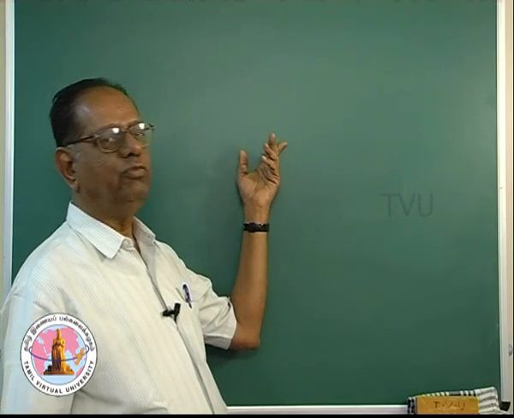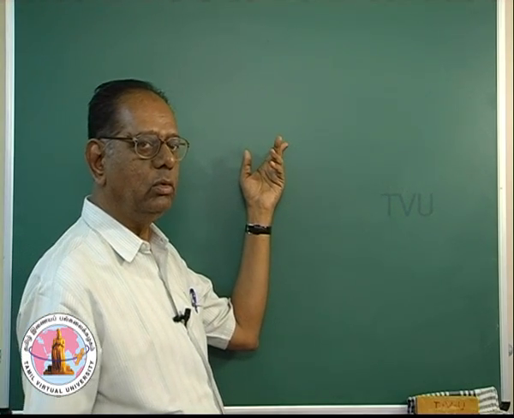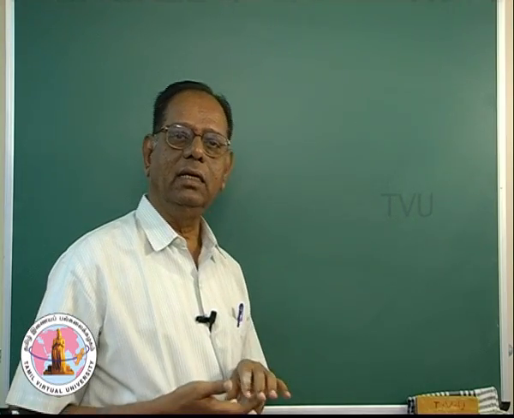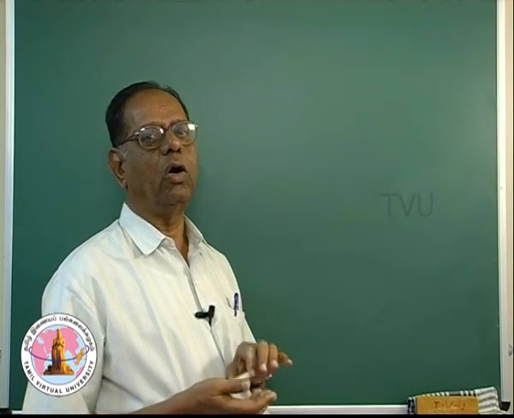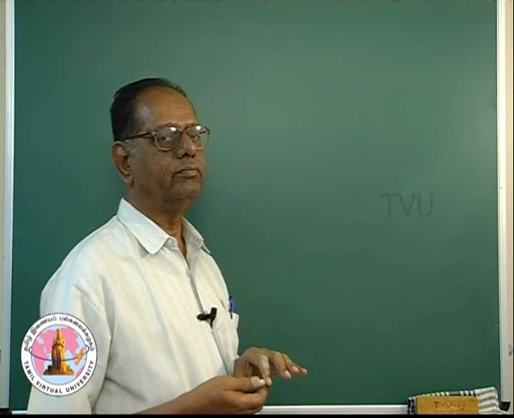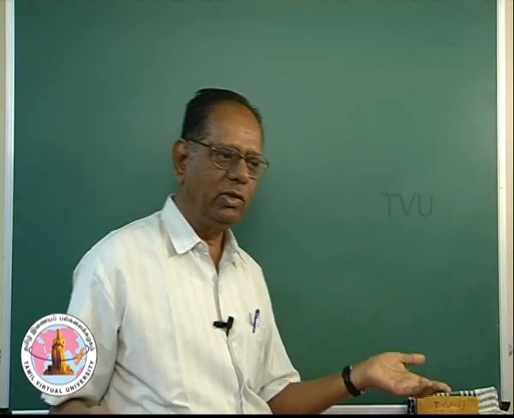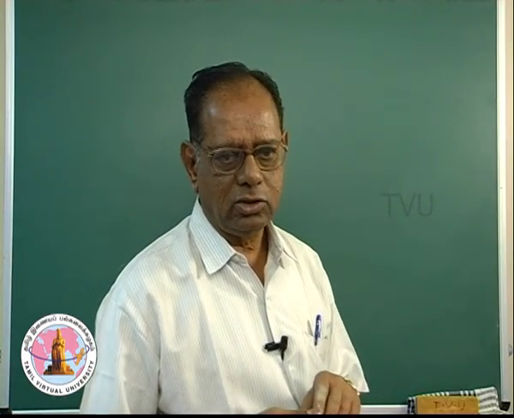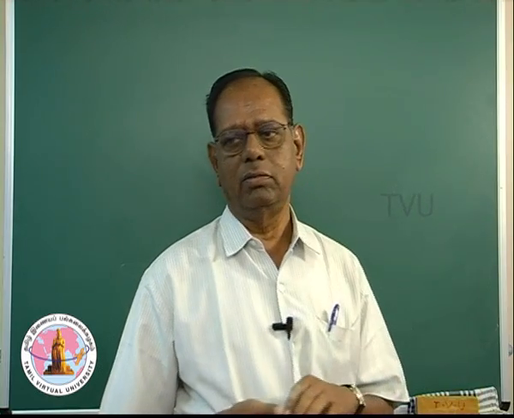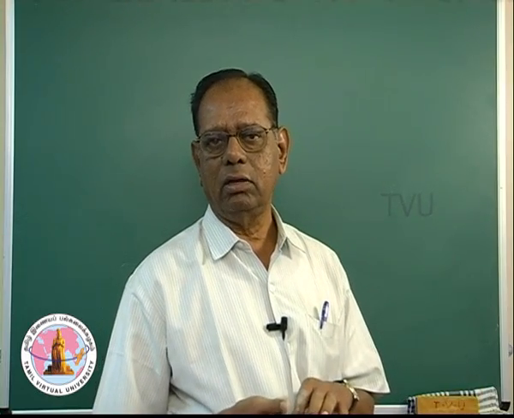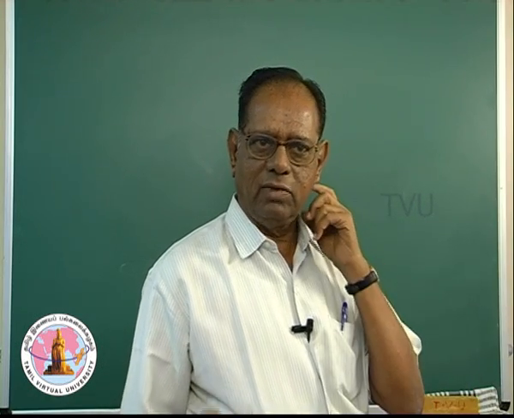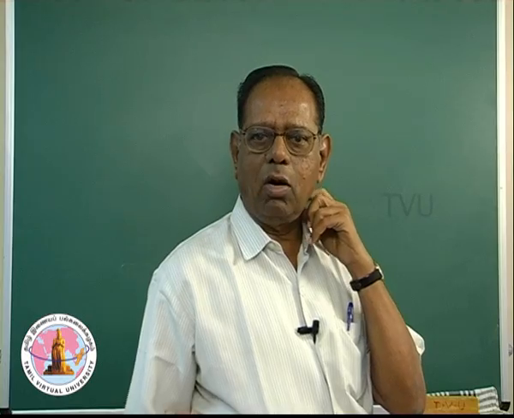The root of the verb will give you an idea whether it is a transitive verb or an intransitive one. What is the difference between the transitive and intransitive ones? You know that a transitive verb must have an object.